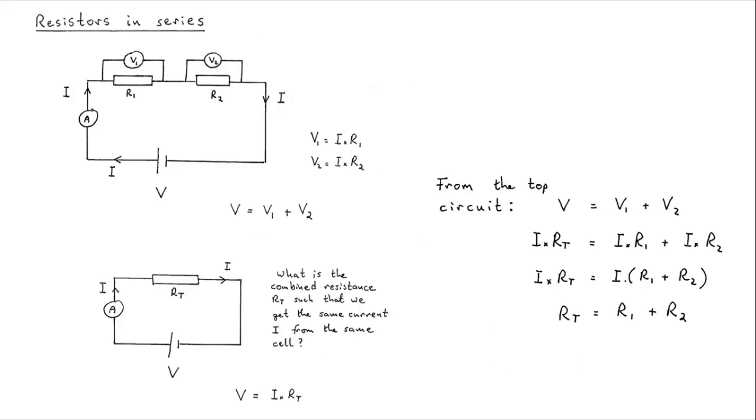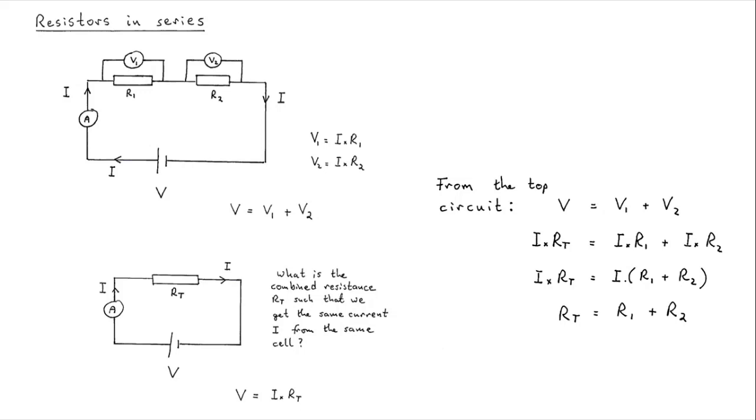Okay, now resistors in series and then in parallel. Look at the top left-hand diagram. Two resistors in series, R1 and R2, potential difference across them, V1 and V2, and potential differences in a circuit add up, so that V is the potential difference across the cell, which is the same as across the two resistors.